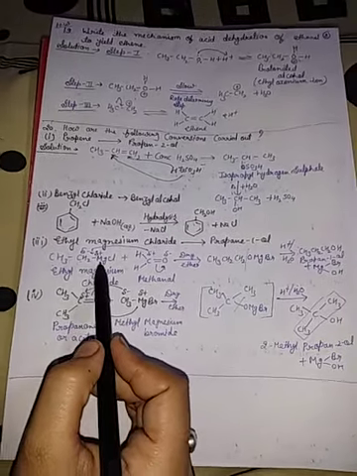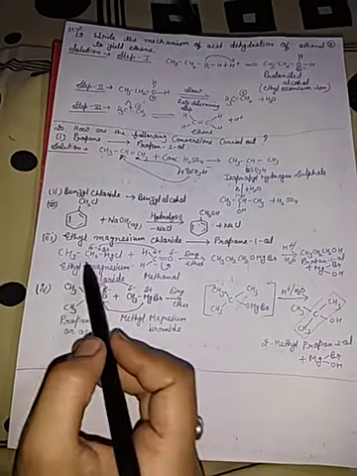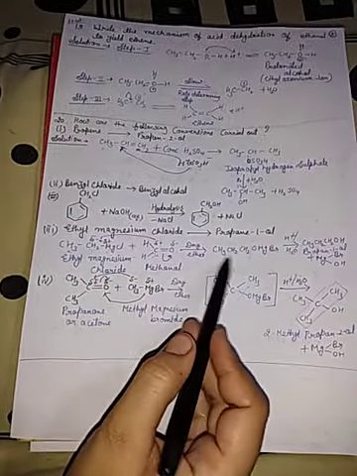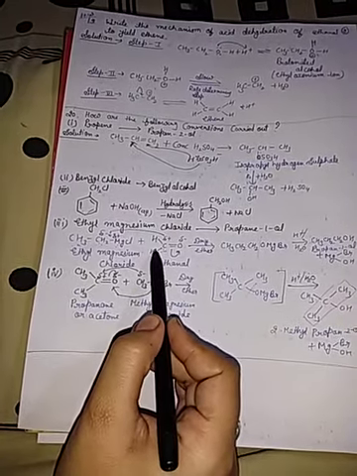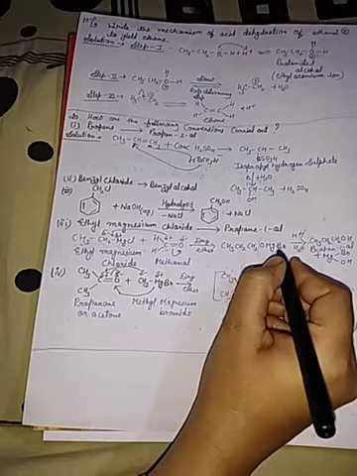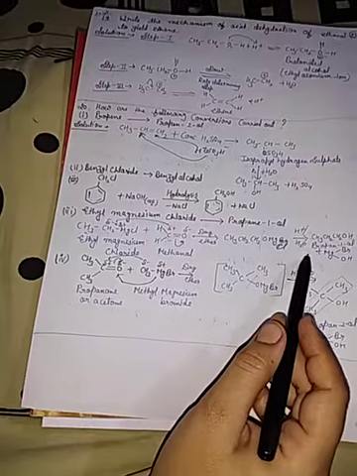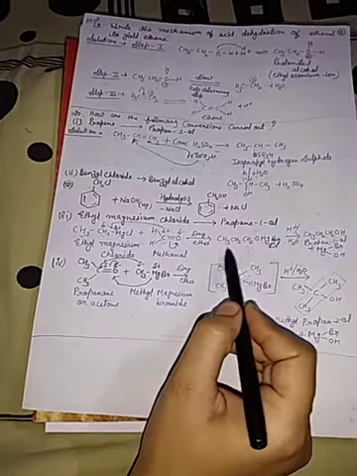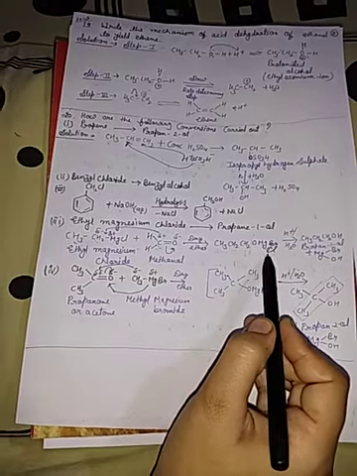So magnesium attacks oxygen and the negative carbon attacks the positive carbon. So CH3CH2 attaches with carbon, and oxygen attaches with MgCl. Then in the presence of H+ and H2O, this bond is broken and OH attaches, giving CH3CH2CH2OH and Mg(Cl)OH.